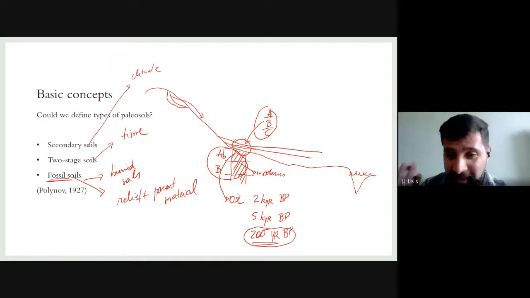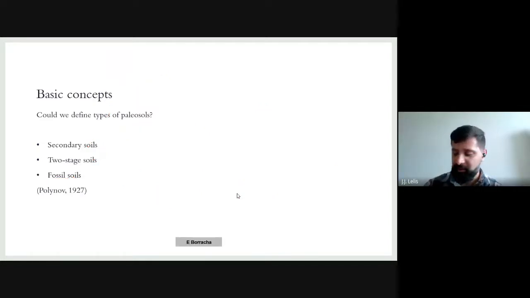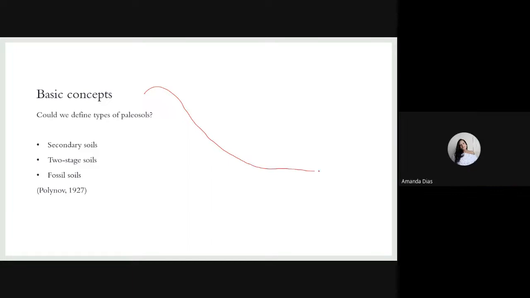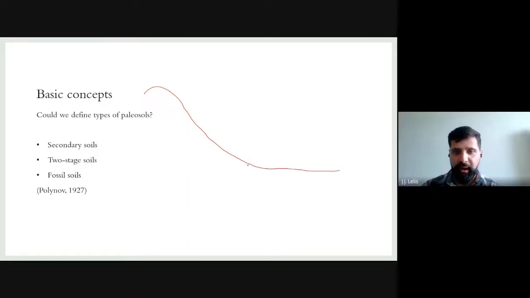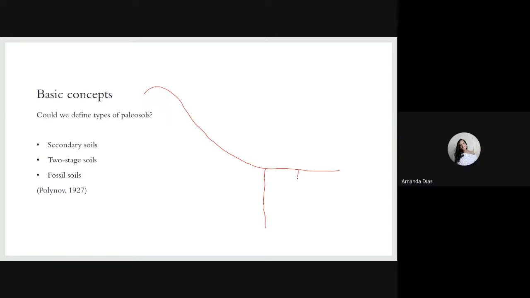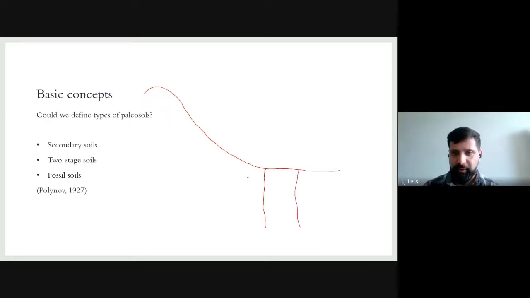No, Amanda, but let me explain why it's not okay. Let us think again about the relief. Let me draw the horizon A, the horizon B and the horizon C. As we said, some material was eroded and was deposited here.